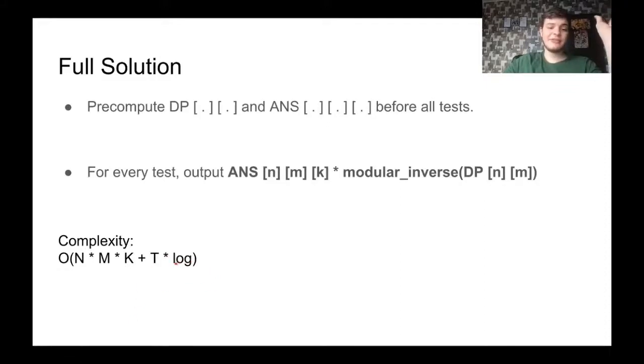I have just written log because I assume that we are computing the modular inverse in logarithmic time. There are faster ways to do it, but the most trivial way is just powering to the power of the modulus minus 2. So I'm assuming that we are using fast power to compute the modular inverse, and this way we have this complexity, but with k squared. And that's pretty much the whole solution.